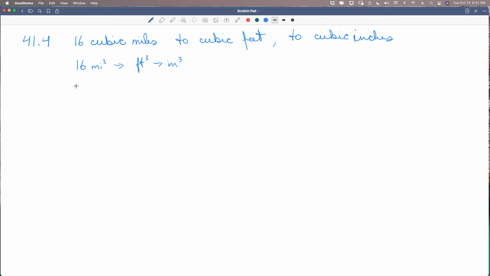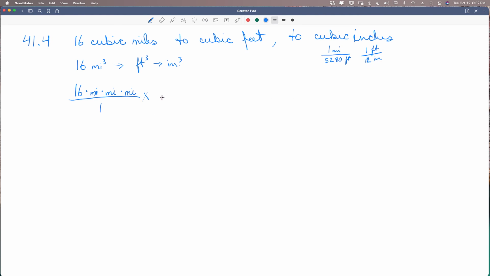So let's do this one first. Notice we have an exponent of 3, so that's going to be miles once, miles twice, miles 3 times, all over 1. Now let's get our unit of reference here. We have 1 mile is equal to 5,280 feet, and 1 foot is equal to 12 inches.